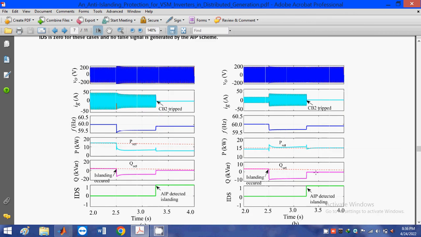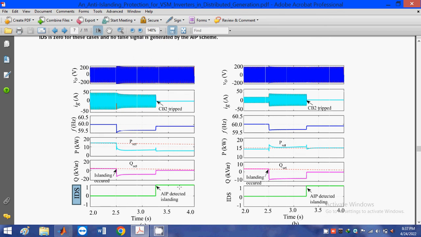So in this case, when the fault takes place for nearly 0.75 time interval, at that time automatically the islanding detection will take place by the AIP, and the IDS will be the command signal. This command signal will be set to 1 when AIP detects the islanding mode.